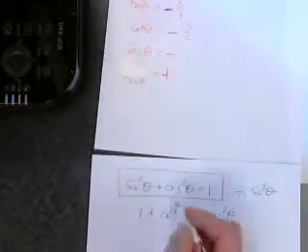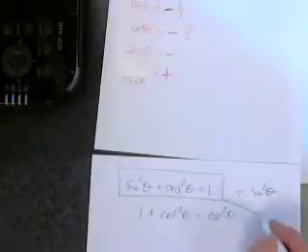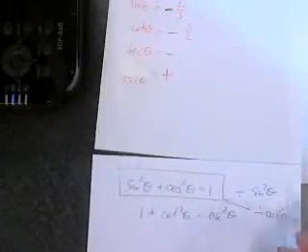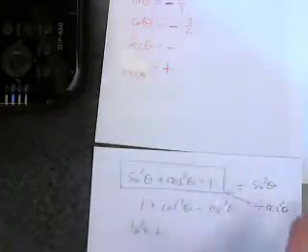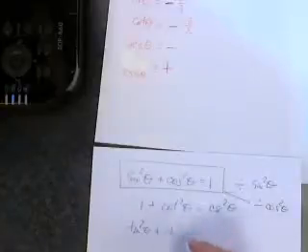Very good. Okay. For the same identity, I would like you to divide both sides by cosine squared. Sine squared over cosine squared, cosine squared divided by cosine squared, and 1 divided by cosine squared.